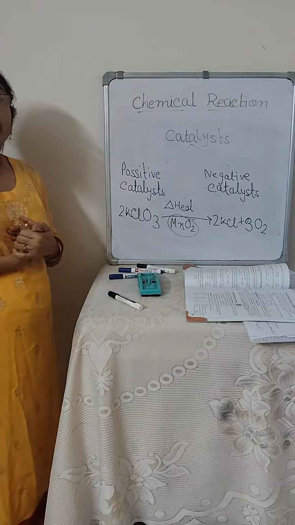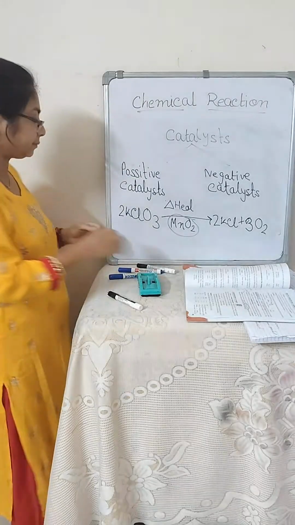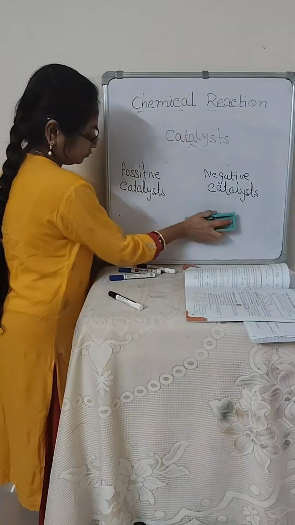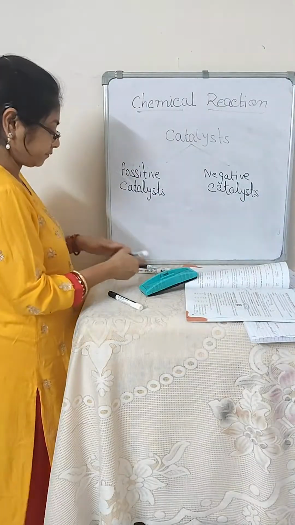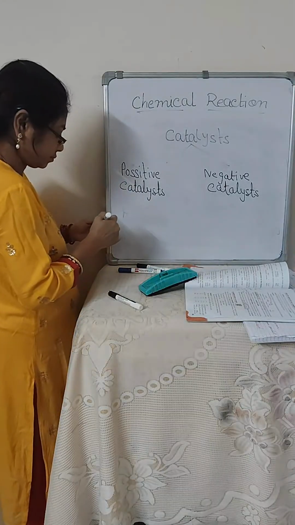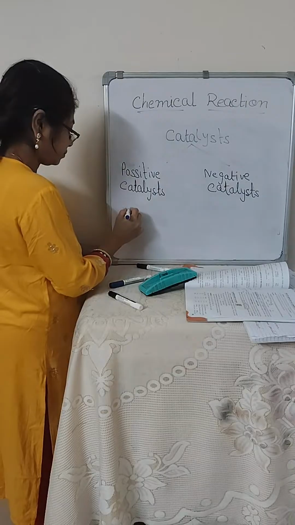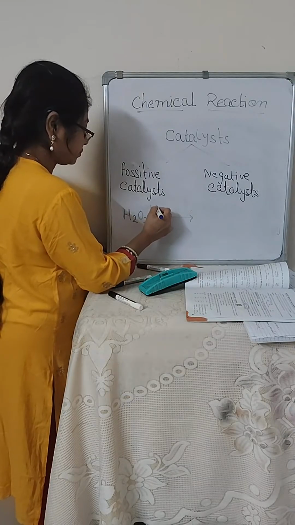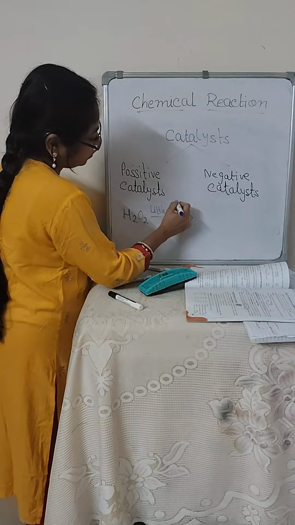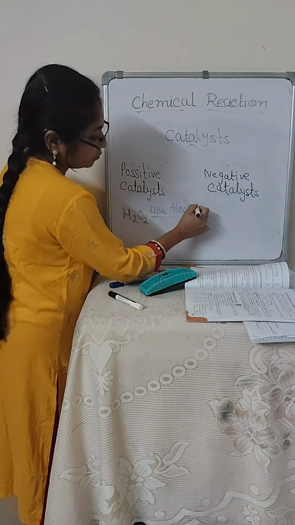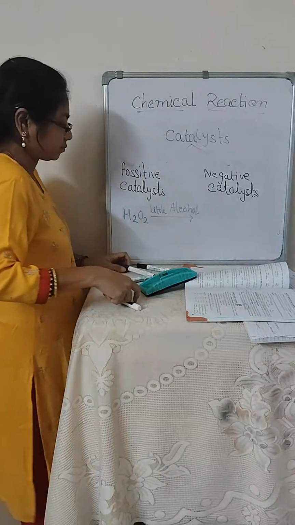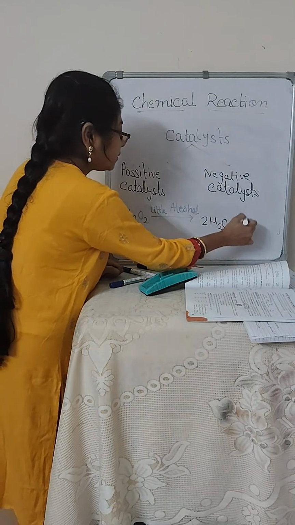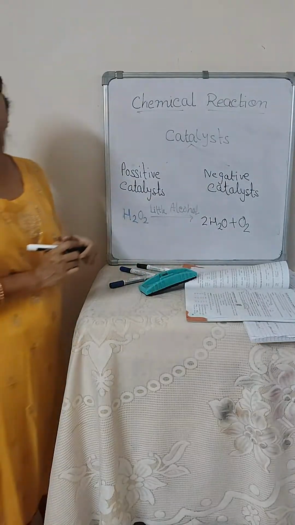Now I write the negative catalyst. What is the negative catalyst example? H2O2, hydrogen peroxide.